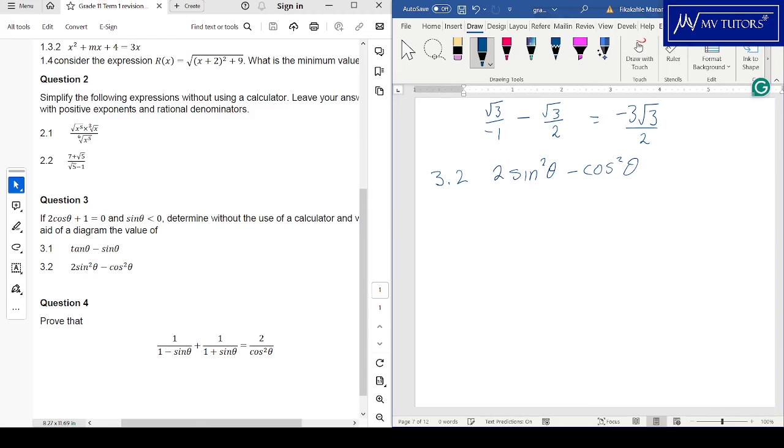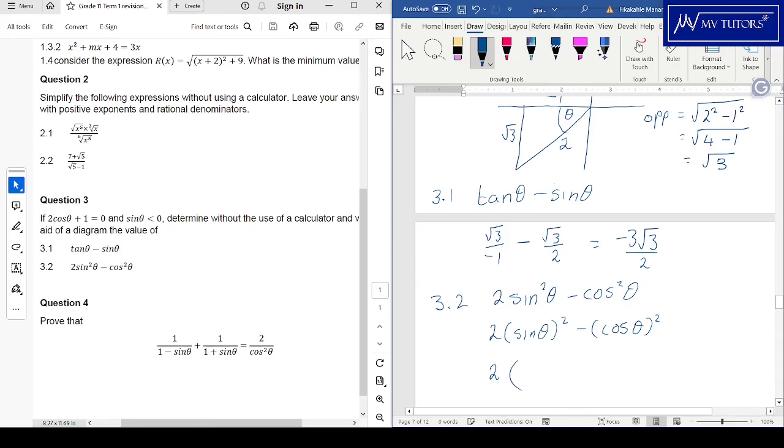This we can rewrite like this: 2 open bracket sine theta squared minus open bracket cos theta squared. Now we can say 2, let's go see what sine theta is.